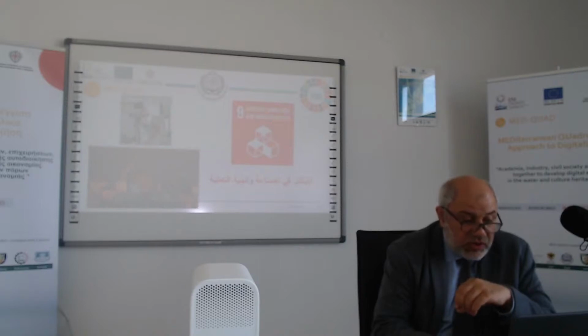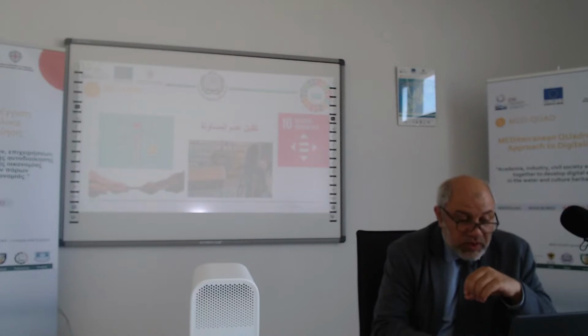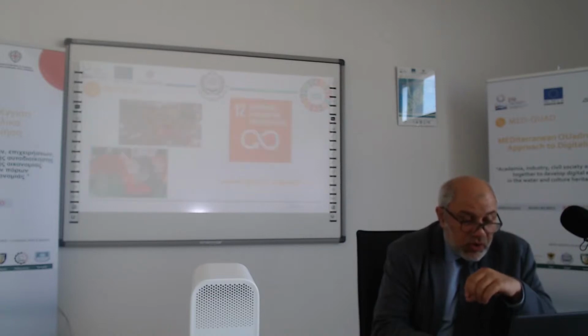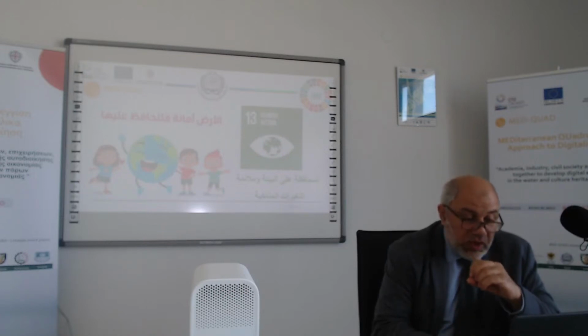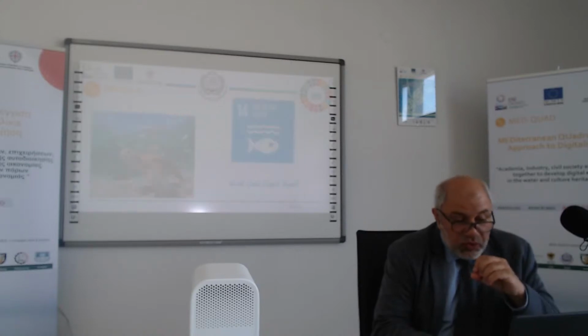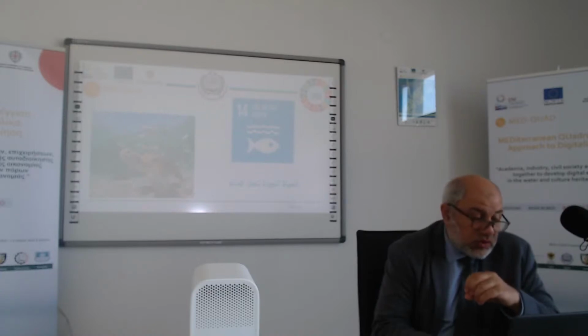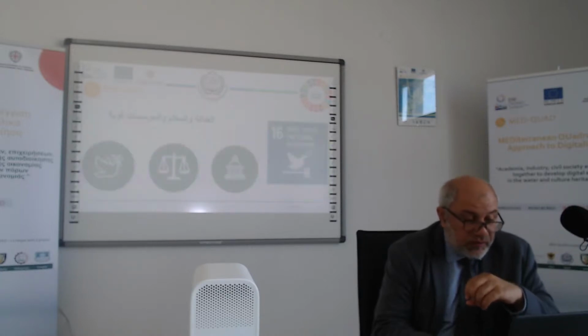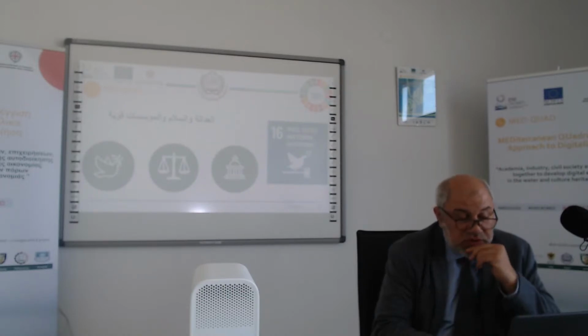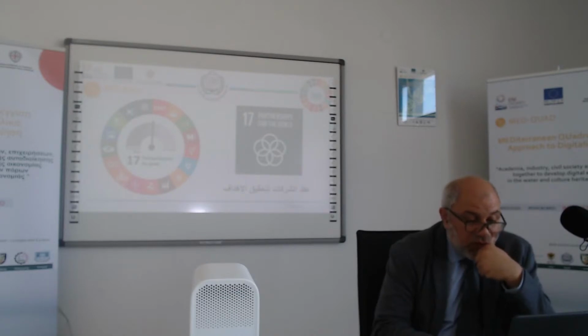Industry, innovation, and infrastructure, to reduce inequalities, to achieve sustainable cities and communities, responsible consumption and production, to make sure of a good climate and to take action against climate change, life below water for these creatures, life on land, to achieve peace, justice, and strong institutions, and finally to have partnerships between these groups.